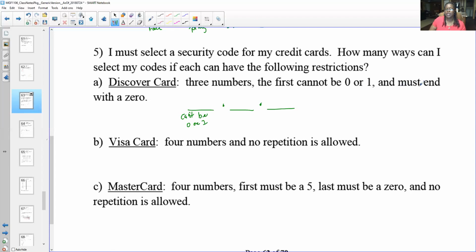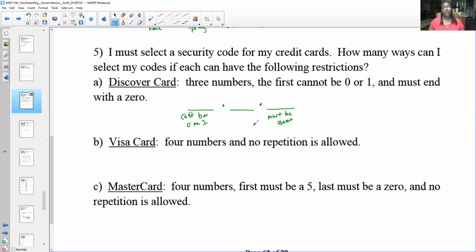Okay, then it says, and must end with a 0. So my last number must be 0. All right. There's our structure with our restrictions in place. Now we can fill it in.